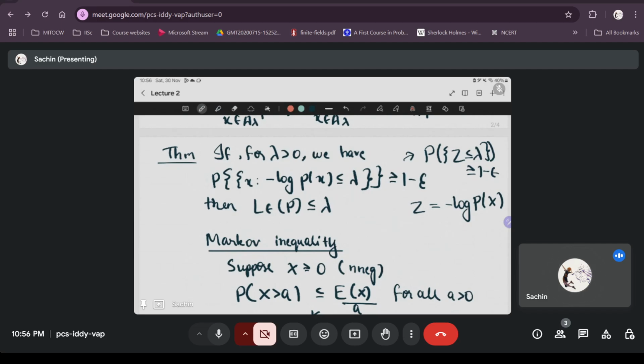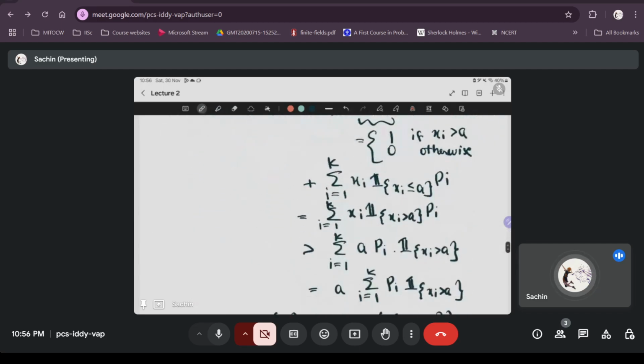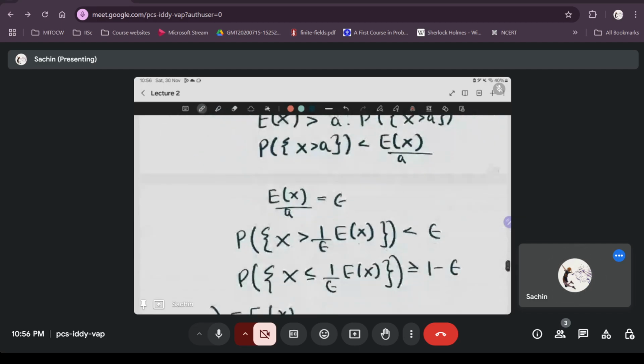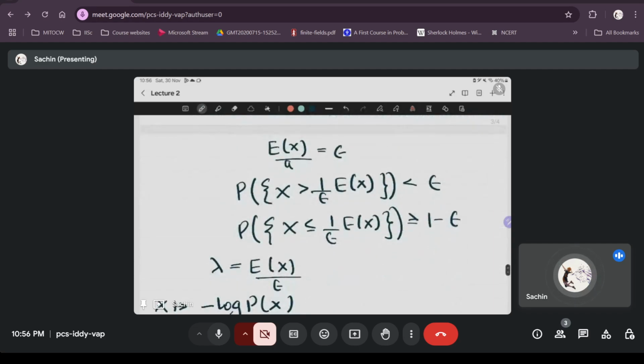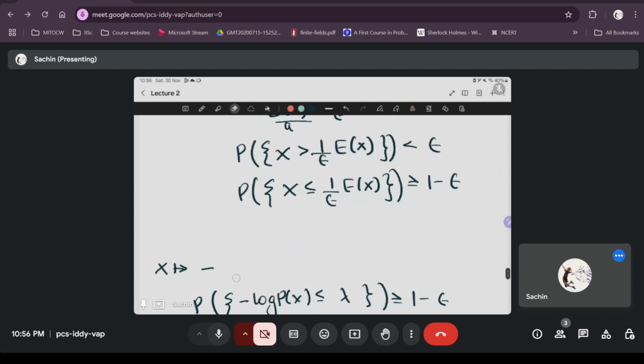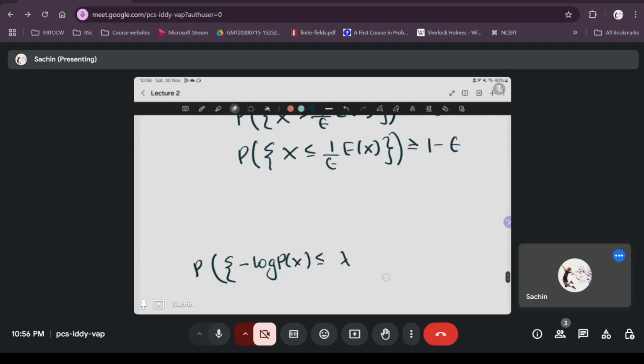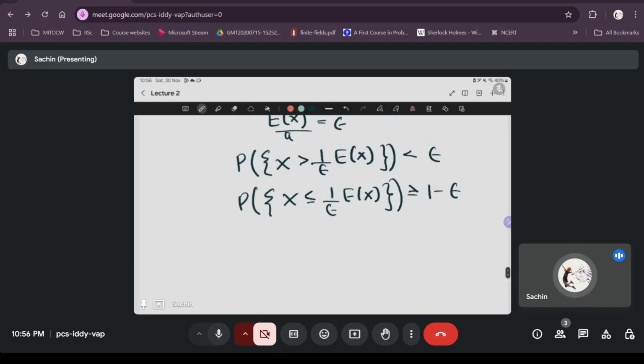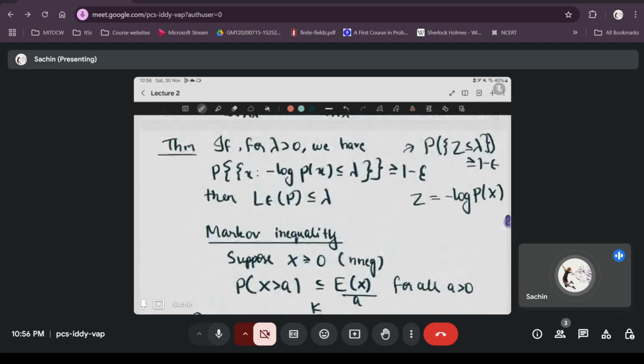Then in this Markov inequality form, we will replace, since z is minus log p of x, which is log of 1 over p of x.